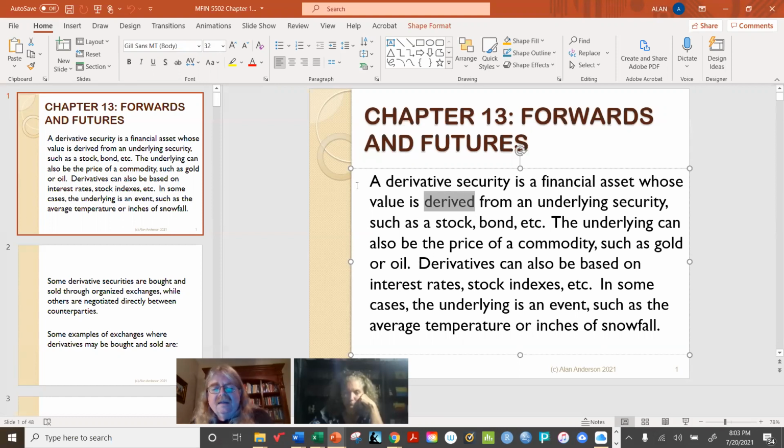And believe it or not, sometimes the underlying asset might not even be an asset. It could be something as wacky as the temperature or the snowfall. It is actually possible to buy derivatives whose value depends on temperature or rain or snow. They do exist.